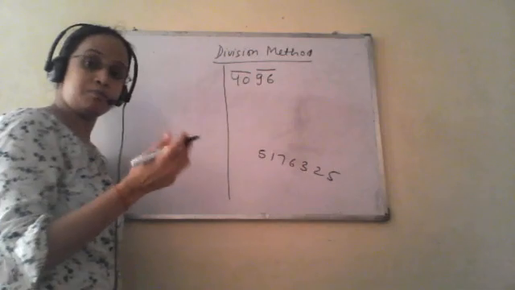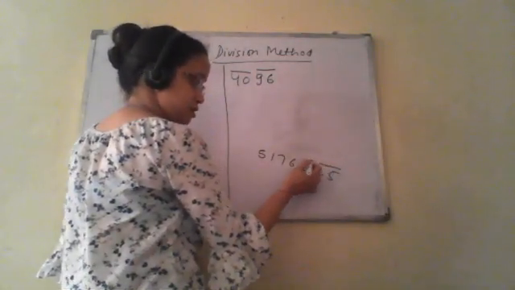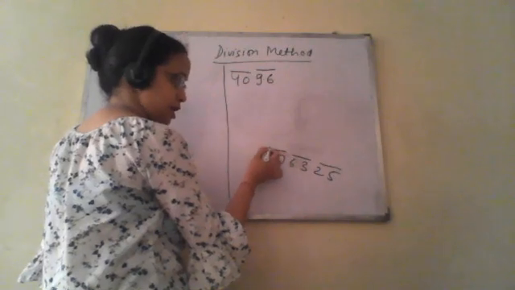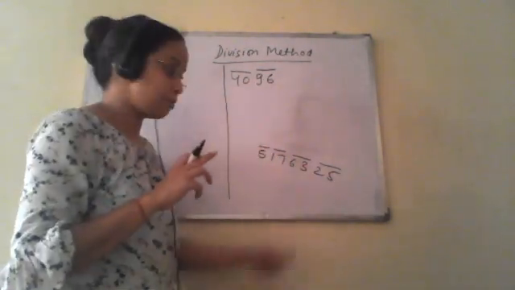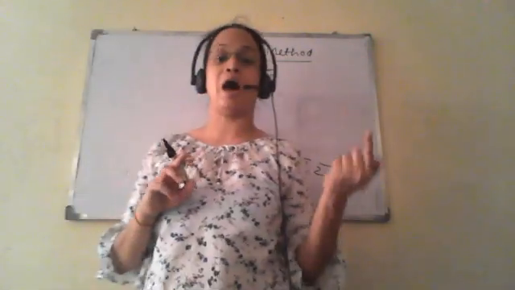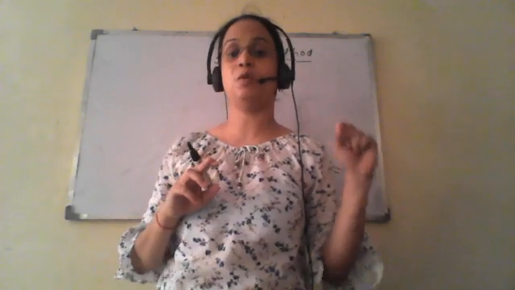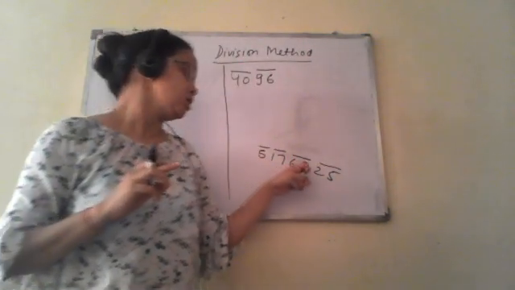Suppose there is a number 5176325. From the ones place we will start putting bars on two digits: first bar, second bar, third bar and fourth bar. We have to start from the ones place, and the number of bars decides how many digits the square root of the number will have.